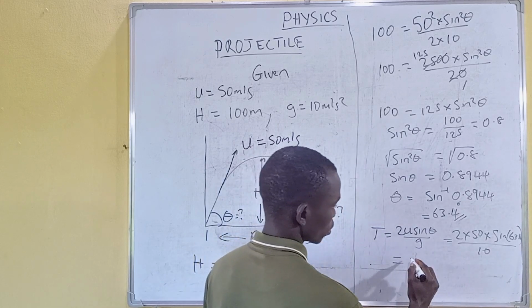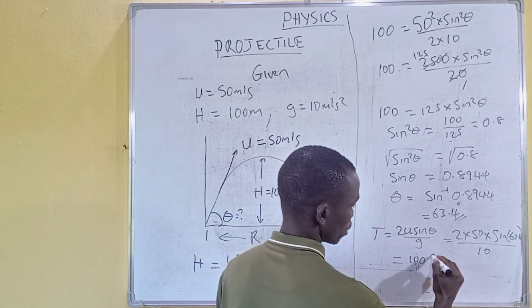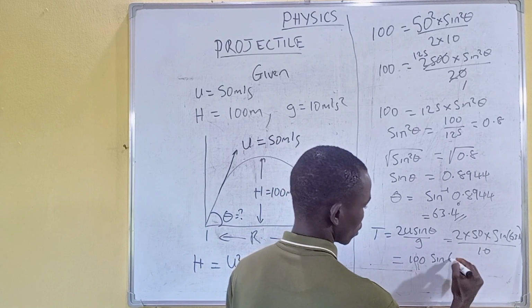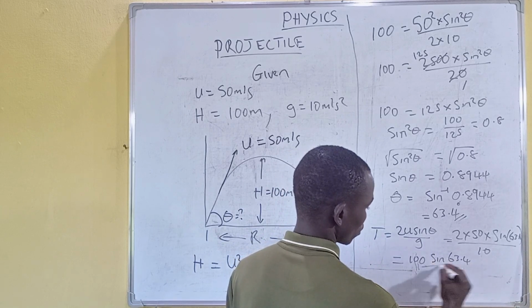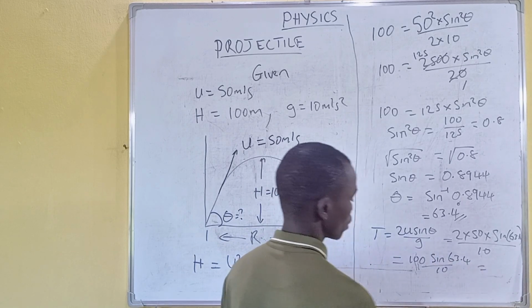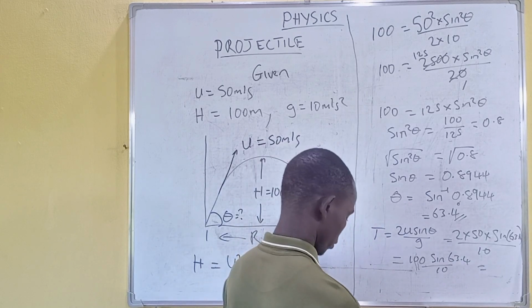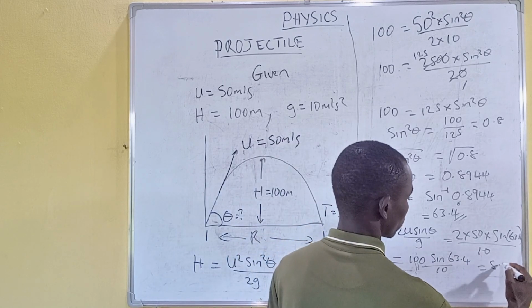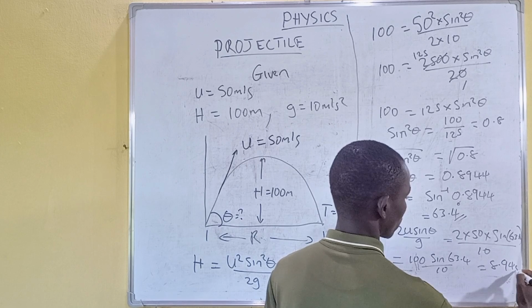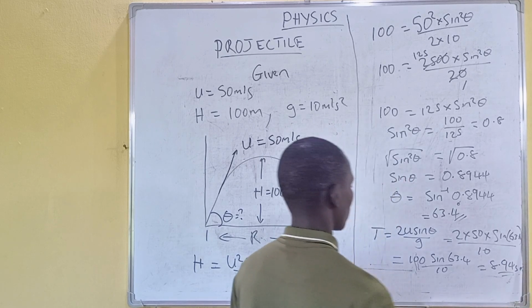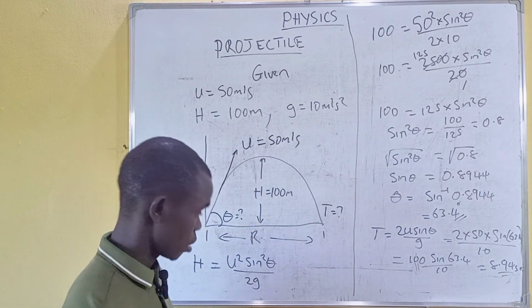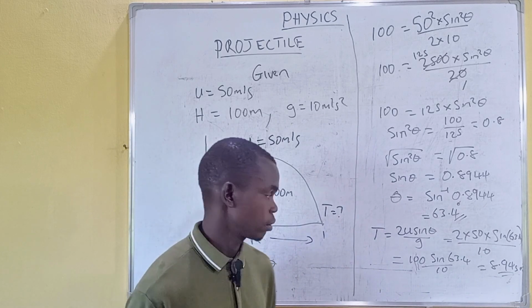This will be equal to 100 sine 63.4 over 10. When you press your calculator, you will have 8.94 seconds. This is our answer to time of flight.